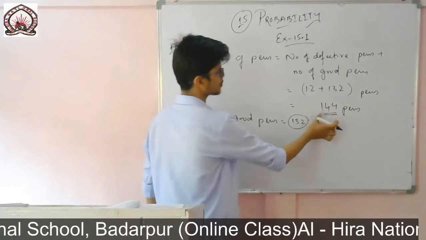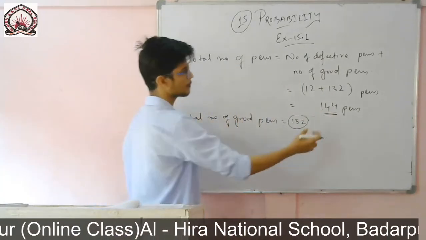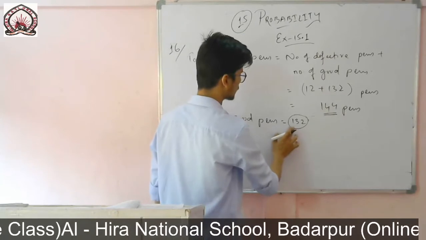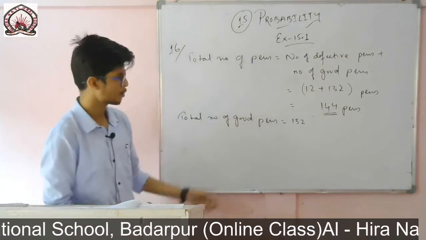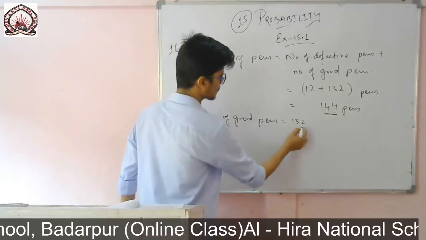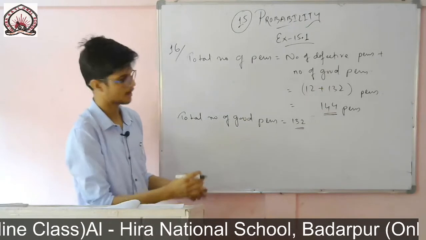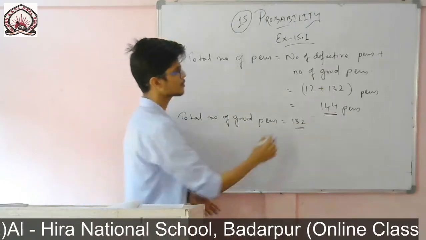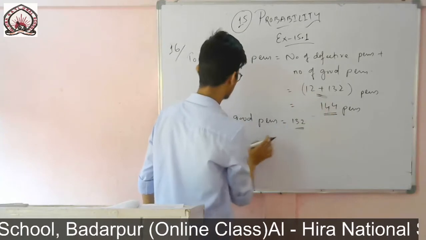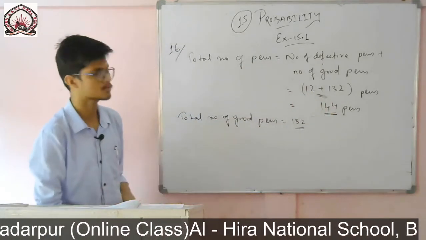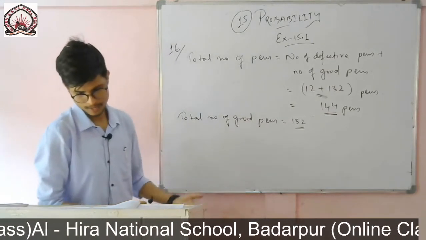If the question was to find the probability that the pen picked was a defective one, then we could have taken that number. But now the question is to find the probability that the pen picked is a good one.